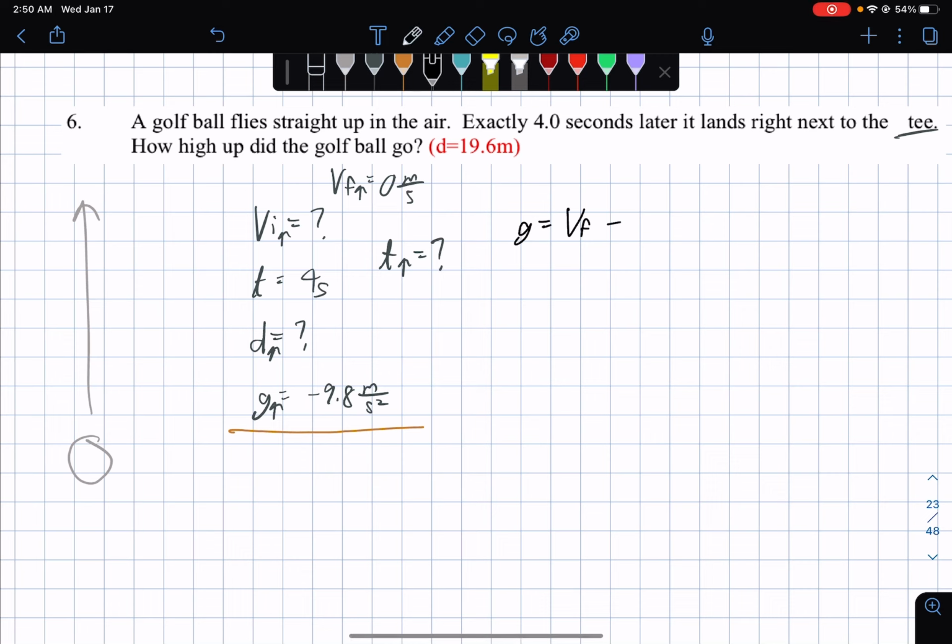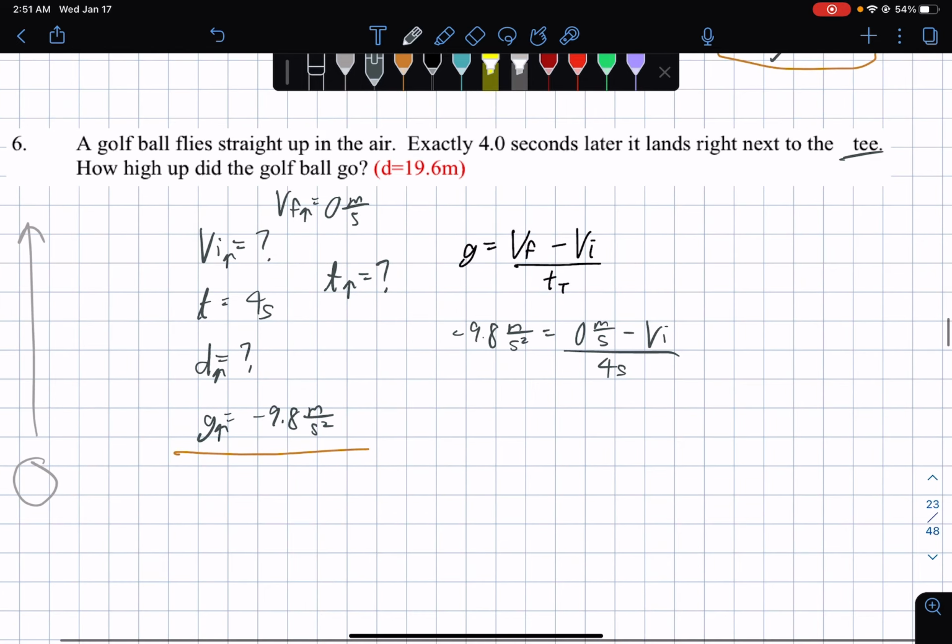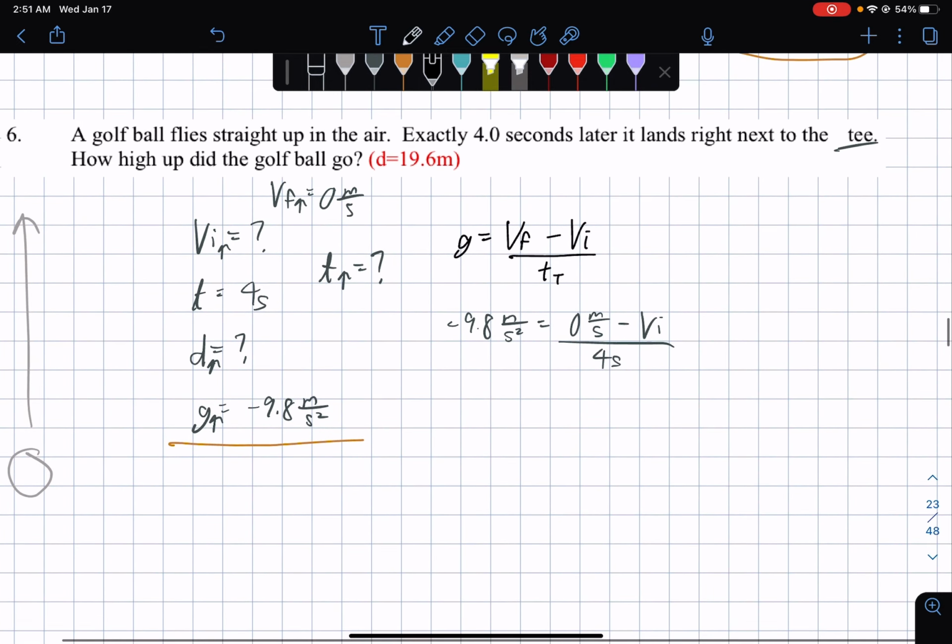So let's try this formula. Let's see if the other formula is also usable. We don't know what the VI is.